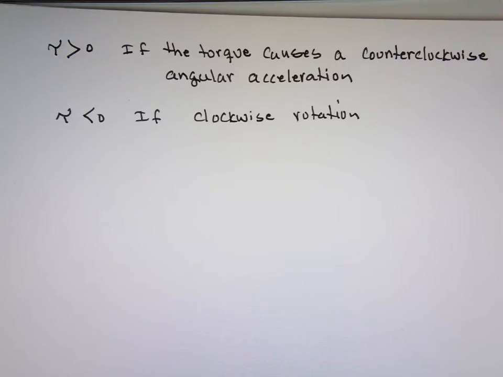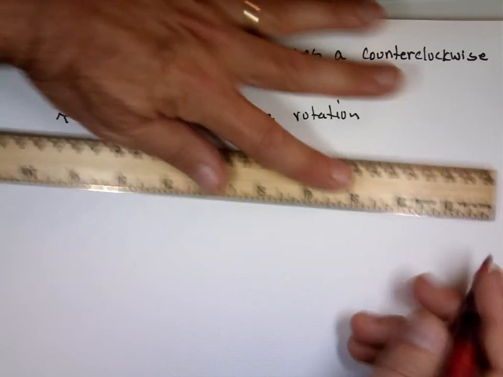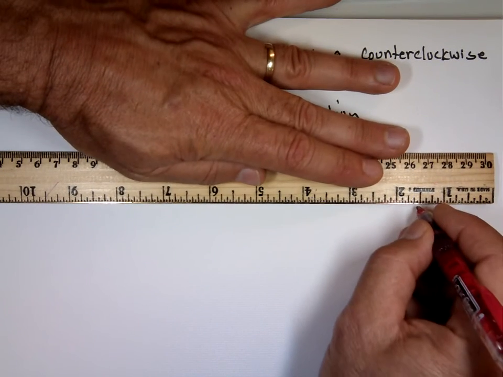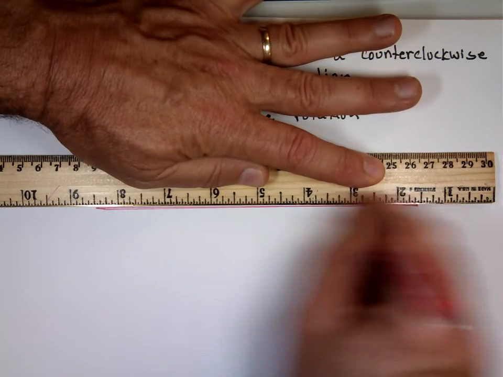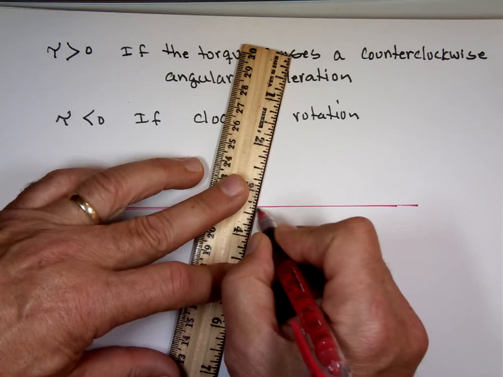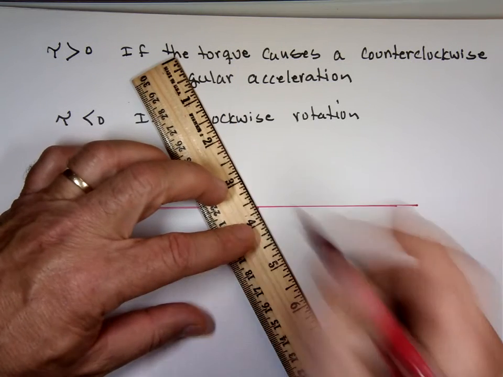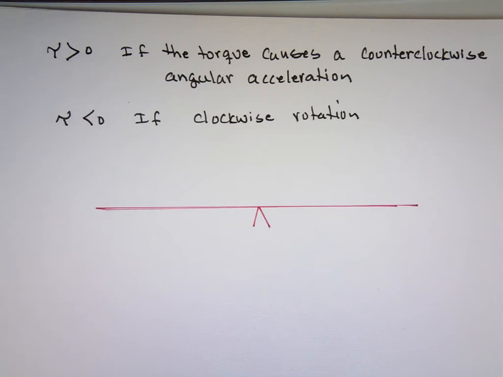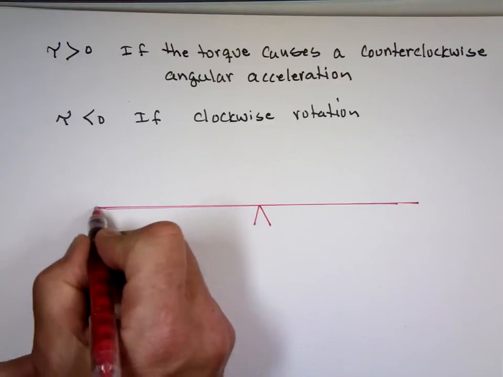An example, let's see whether the torque is positive or negative. You take your nephew to the park, or your niece. You go on the seesaw. This is my seesaw. It's 4 meters long, so each side is 2 meters. There's a pivot point here. So this end from this point is 2 meters.